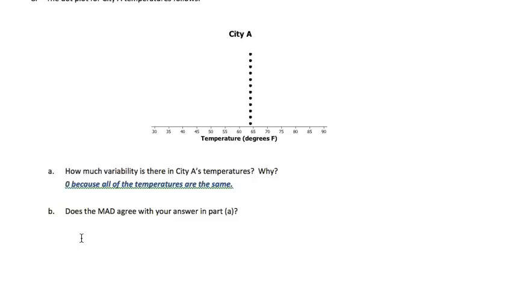We could calculate the mean absolute deviation, and for each of the data points, we would be subtracting the mean, which is 63, from 64.